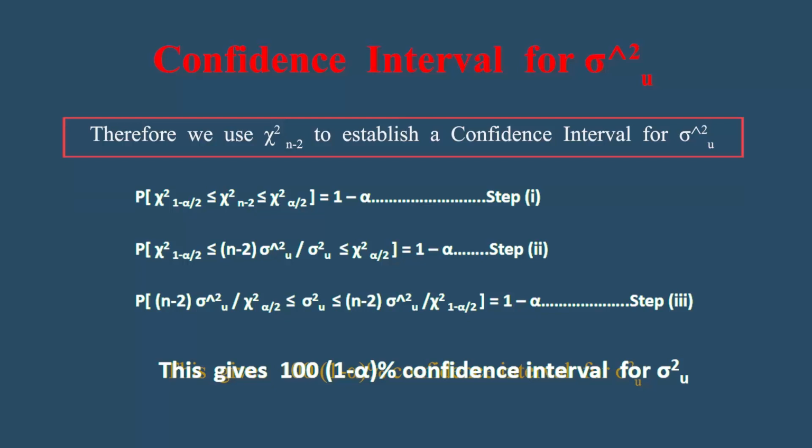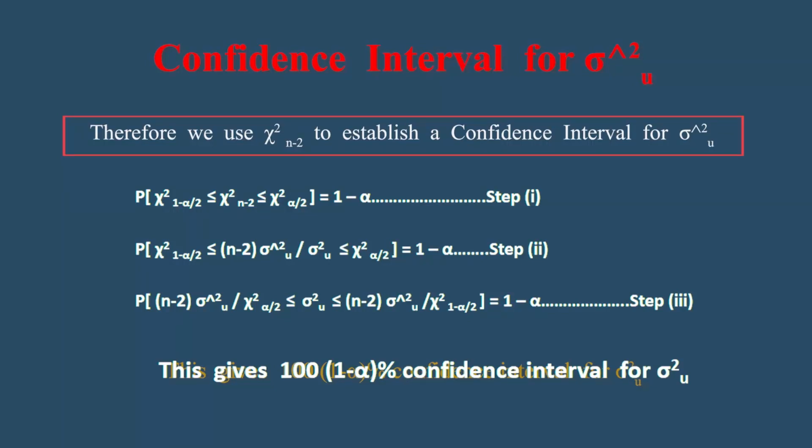Now we go for the final step, step 3. In step 3, we multiply n minus 2 and sigma square hat on both sides, and then we keep only sigma square u in the middle, because this is the population variance. This population variance is unknown, and that should lie within the confidence interval.